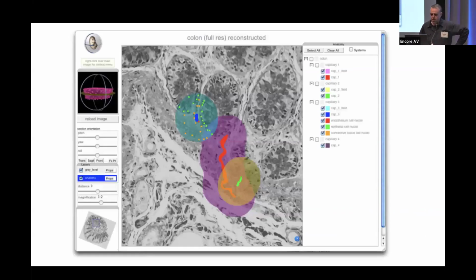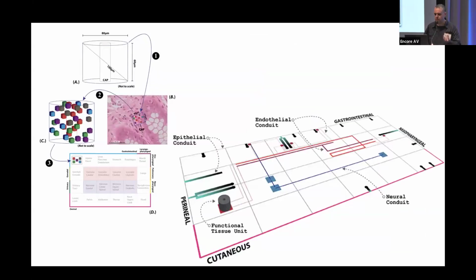And this is early work that is looking at cylindrical structures centered around advective tissues. This is what we refer to as a functional tissue unit, which is nothing but a biophysical model of diffusion across a number of cells that are centered around a channel of advection that is conducting either blood or epithelial fluids.